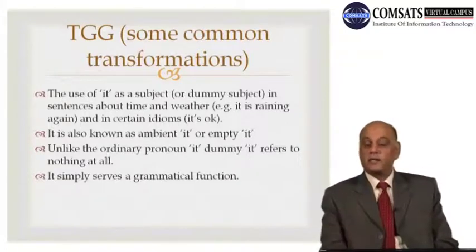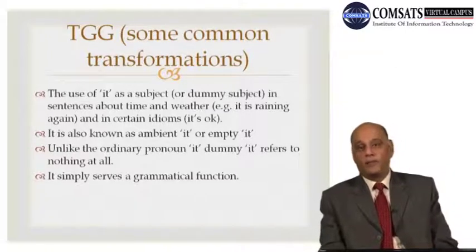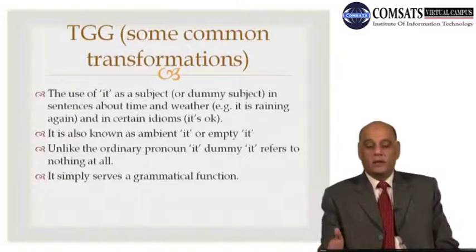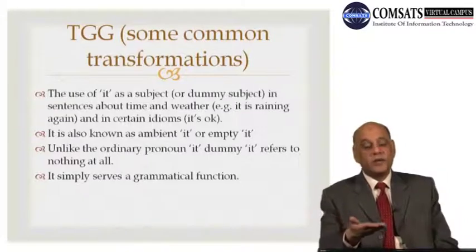The use of it as a dummy subject, like weather: it is raining. You are just putting the raining at the end of the sentence, and you are introducing it at the start. It is raining, it is just playing a grammatical function.